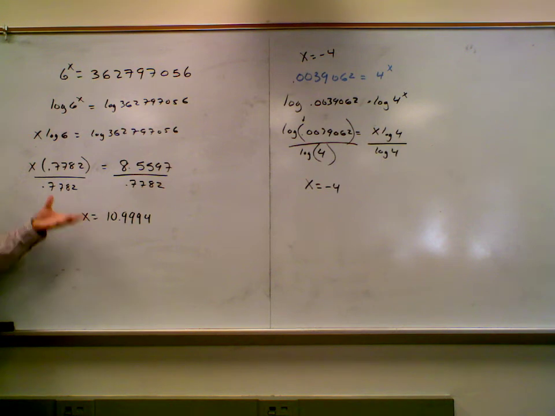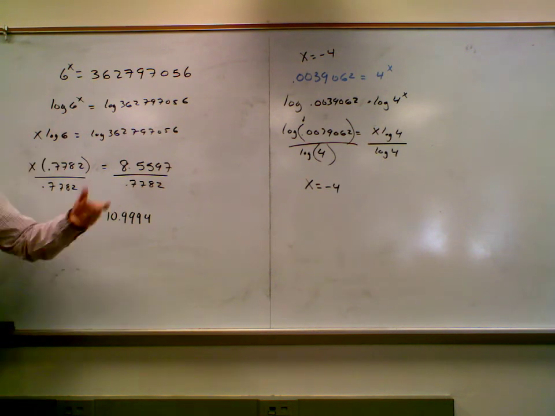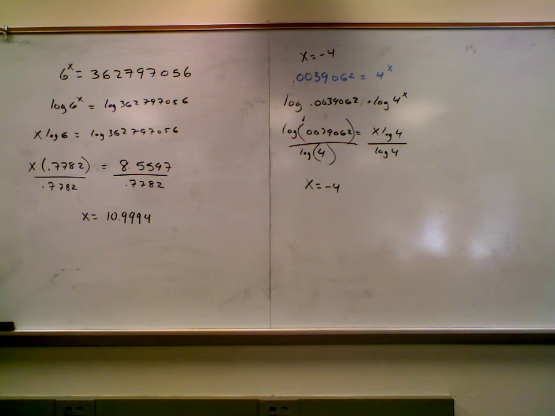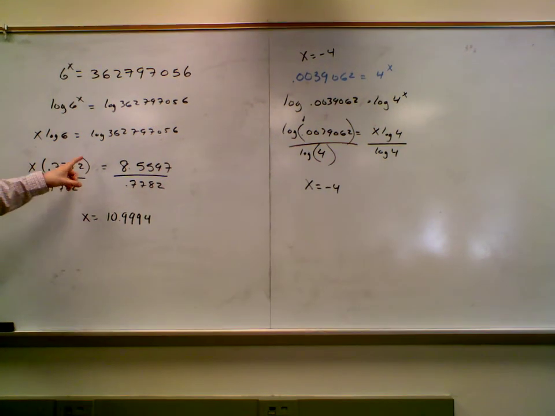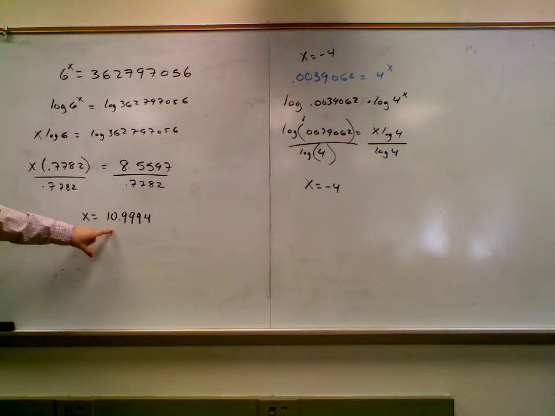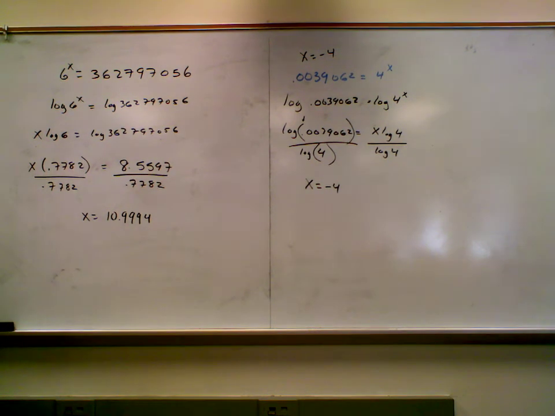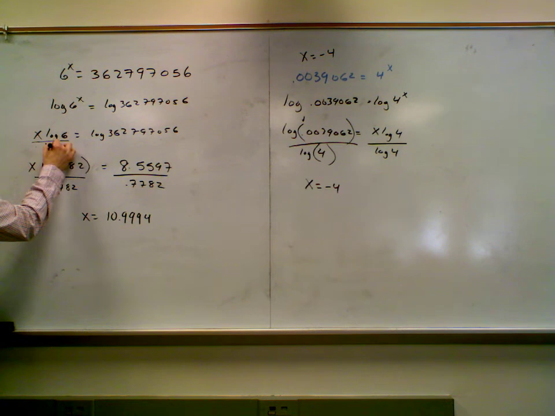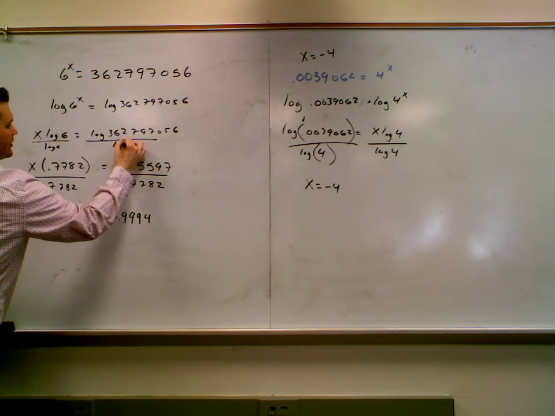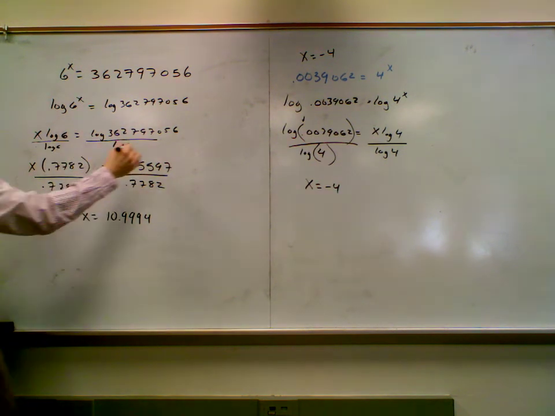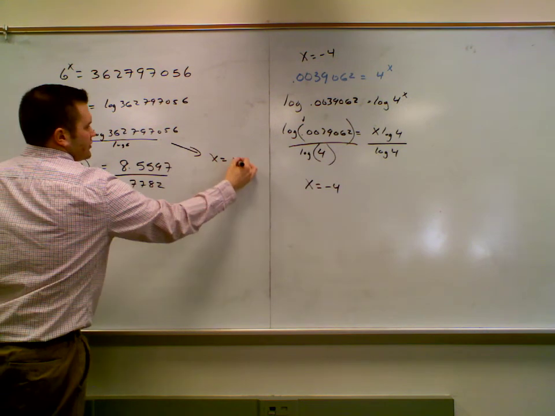With exponents and powers and logs, those little small changes you're making to the 4th or 5th number have big effects on our answer. So the answer here is 11, and you get 11 if you divide by log 6 instead of doing it the other way.